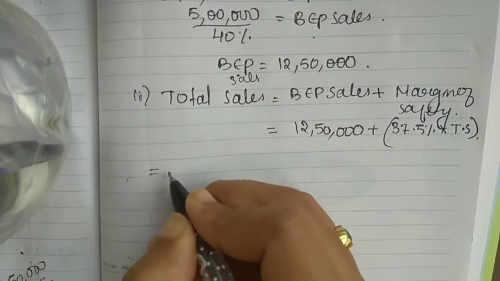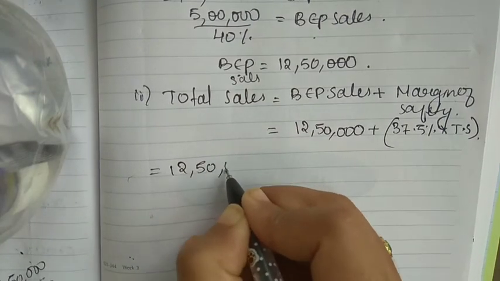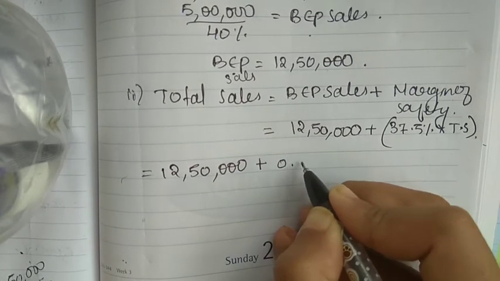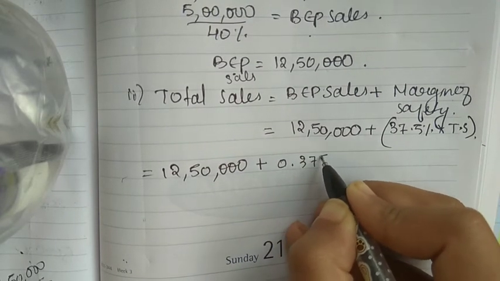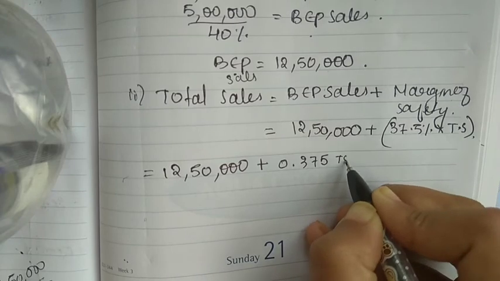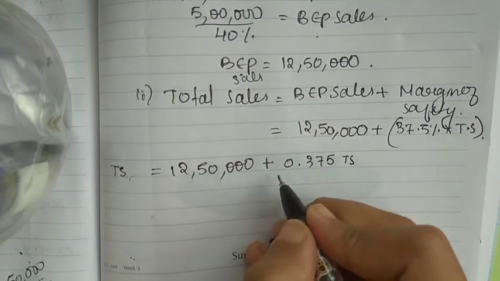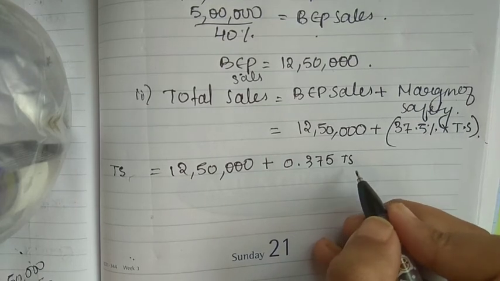So that is 12,50,000 plus 0.375 total sales.